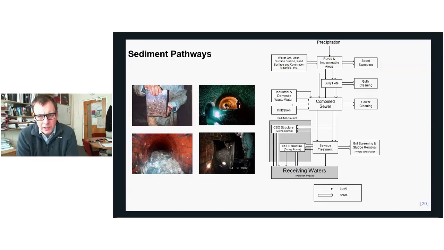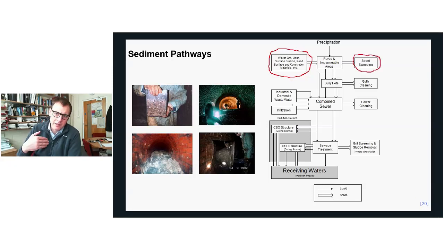So this chart here looks at the movement of sediments through a combined network. What you see is we've got the build-up of material on the catchment surface, and hopefully you've got a local authority that's brushing the roads and footpaths to keep them clear where possible.